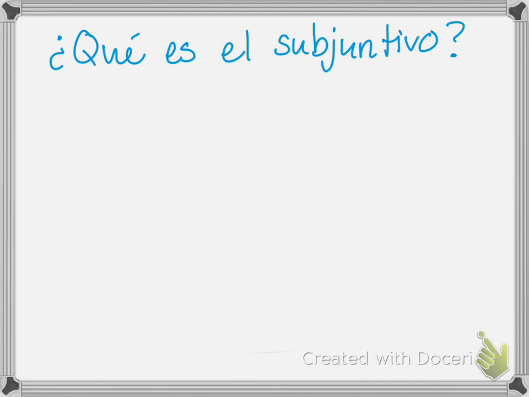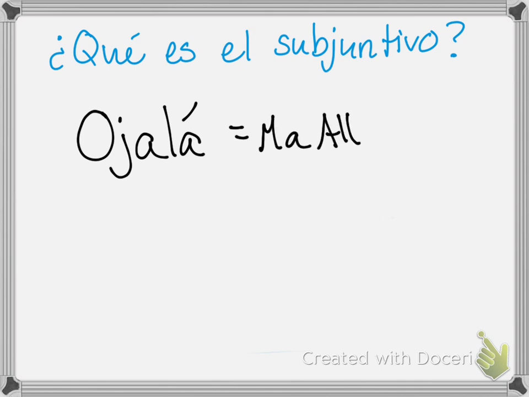But one of the most common phrases where the que is optional is ojalá. Ojalá is a very fun phrase. Ojalá dates back to the Arabic influence in Spain, literally translating into may Allah grant, like may Allah grant your wish.